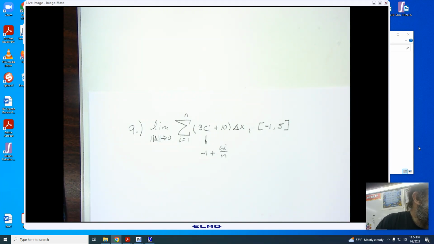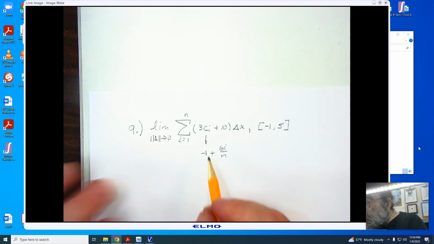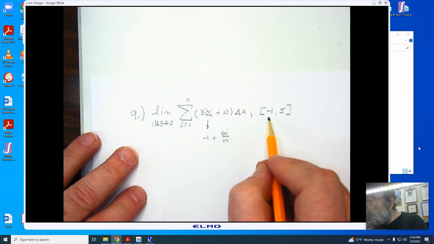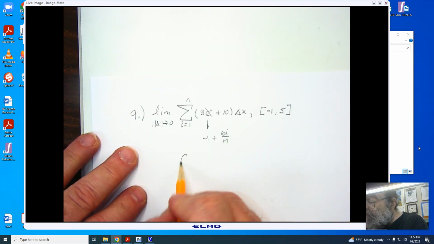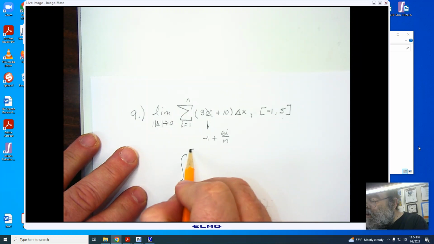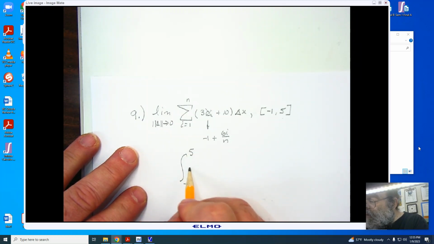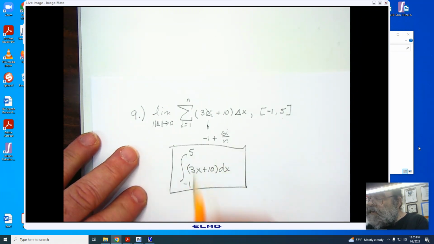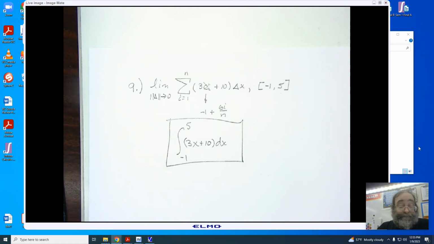Life is in general very good here. So all we're going to do is recognize that this is my x, and I'm going from -1 to 5. So the integration, -1 to 5 of 3x plus 10 dx is the answer to number 9.